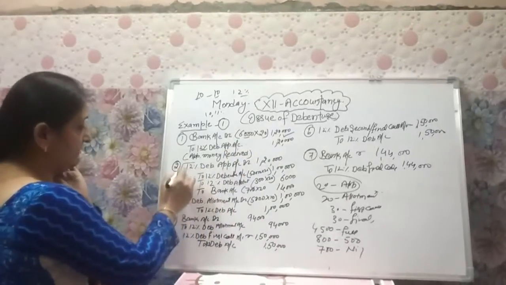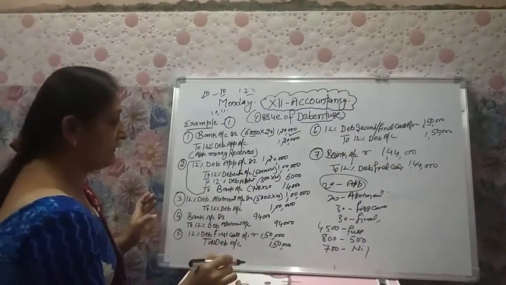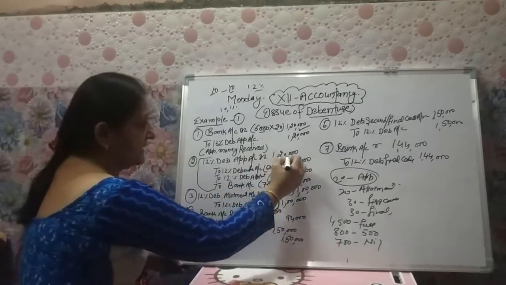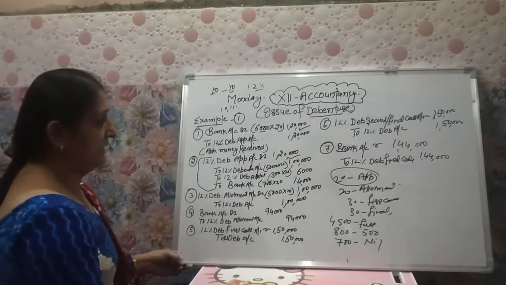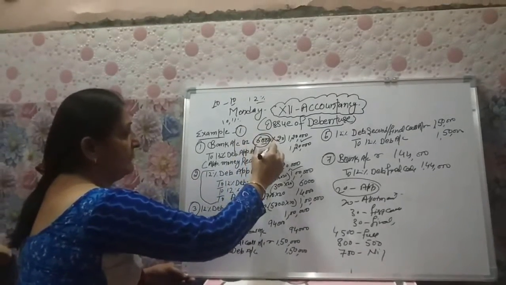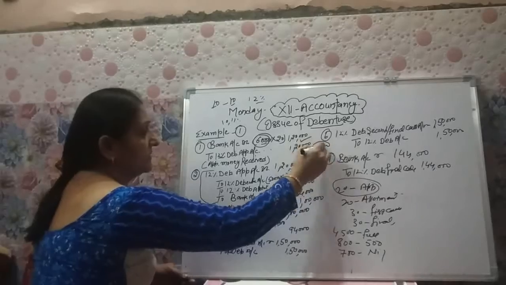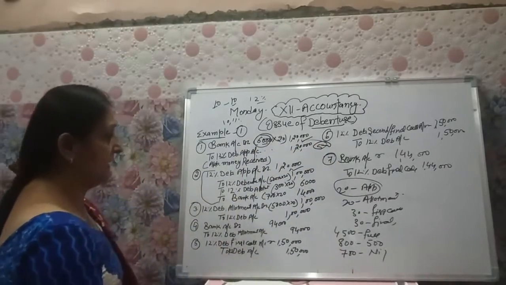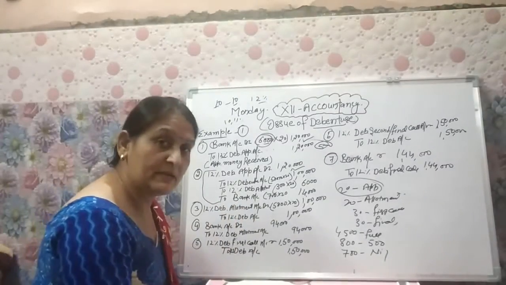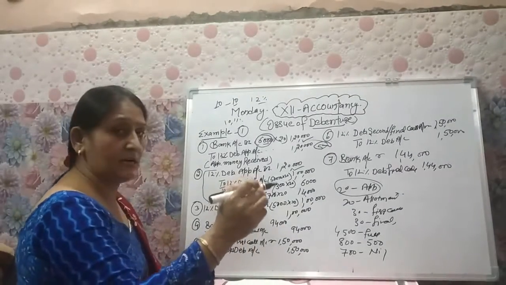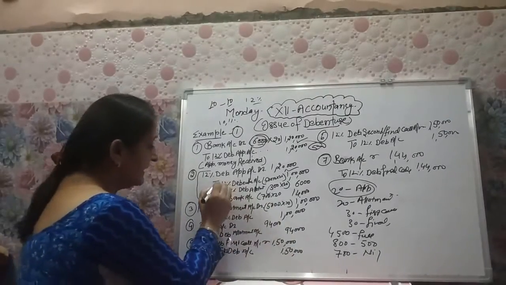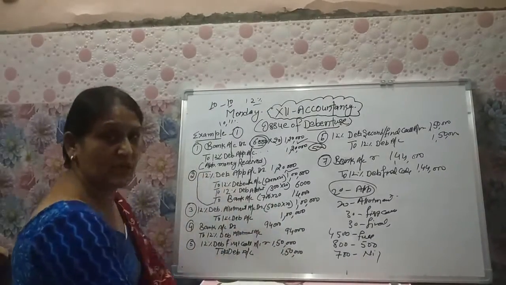After that we have to make the entry of pro rata allotment. So how can we make the pro rata allotment? 12% debenture application account debit 1 lakh 20,000, right? But the public applied for 6,000, company issued 5,000 debentures. So according to 5,000 debentures, the amount is transferred to the debentures account. बेटा शेयर में हम एंट्री करते थे शेयर एप्लीकेशन अकाउंट डेबिट टू शेयर कैपिटल, उसमें हम शेयर कैपिटल में ट्रांसफर करते थे, लेकिन इसमें हम डिबेंचर्स में ट्रांसफर करेंगे.